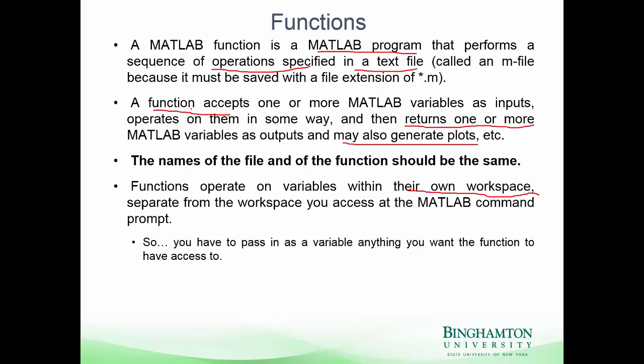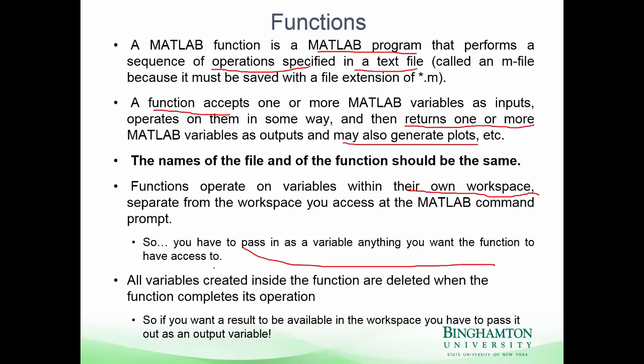So you have to pass in as a variable anything you want the function to have access to. That may sound like a limitation, but actually it's good. That way you can have this operate on anything that you want to give it. As I already said, all variables created inside the function are deleted when the function completes its operation.